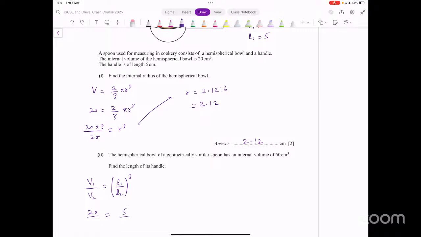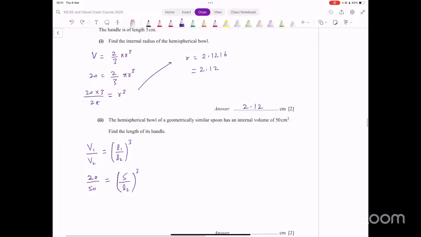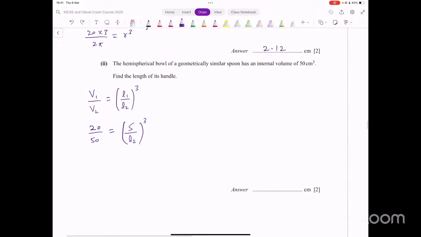For the other figure now, what's the volume? Internal volume of this spoon is 50. So we write 50 here. This length of the handle is what we're looking for, L2. That's what we have to figure out. Okay, now how do we do this? Let's simplify this. On the left side, 2 and 5 get cancelled.